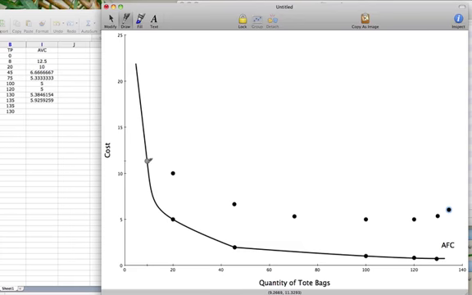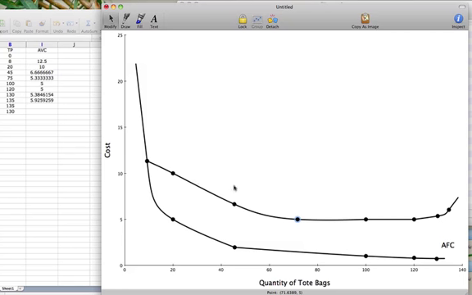We can connect these points to see what's going on with average variable cost. We see that average variable cost is initially declining, reaches a minimum, and then begins to increase.